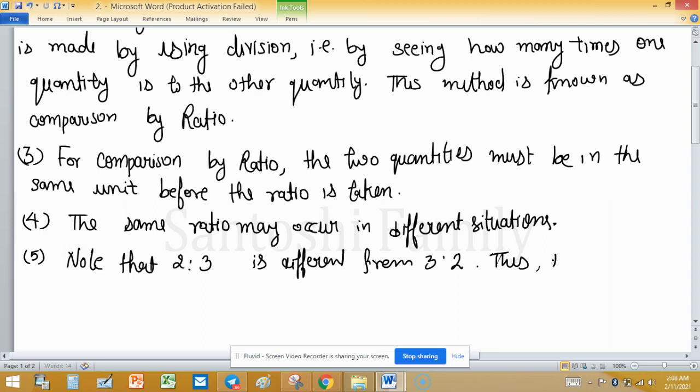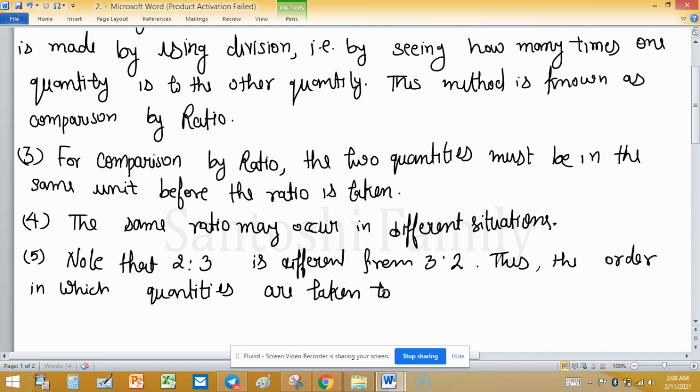Thus, the order in which quantities are taken to express their ratio is important.